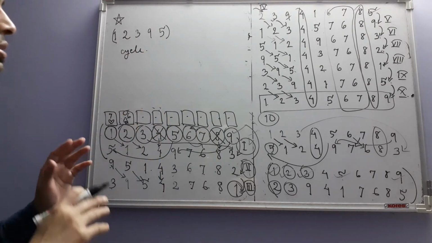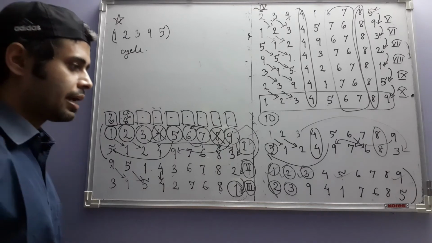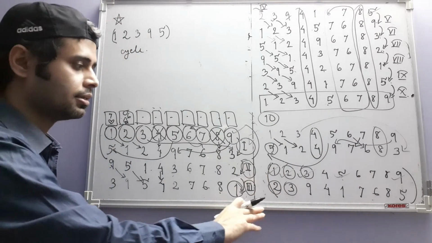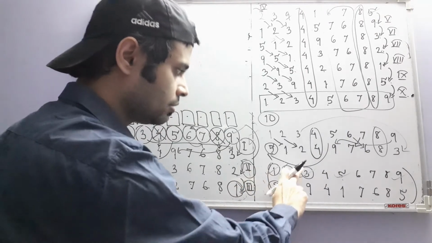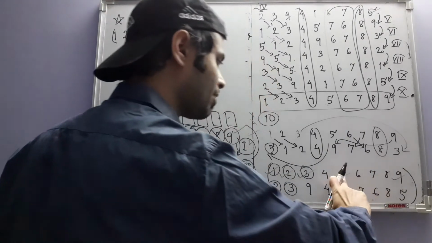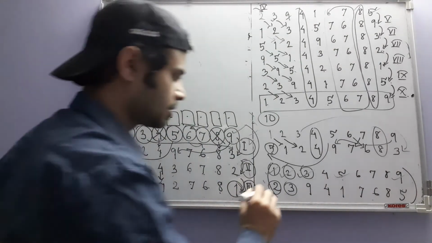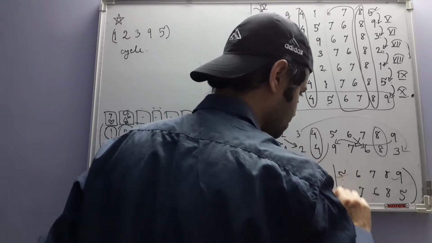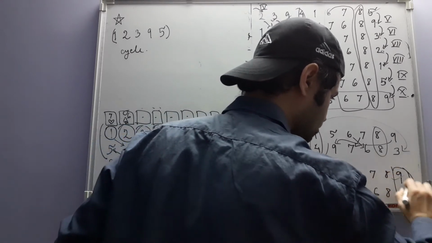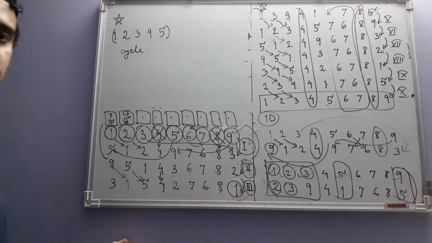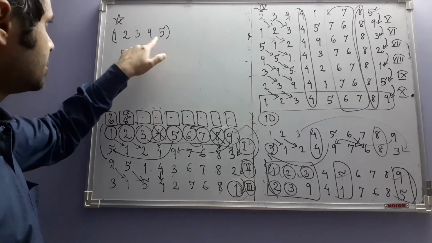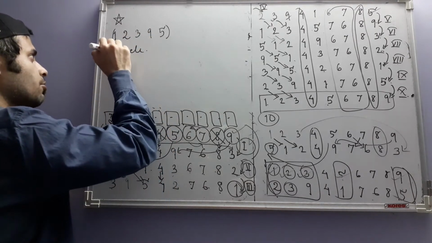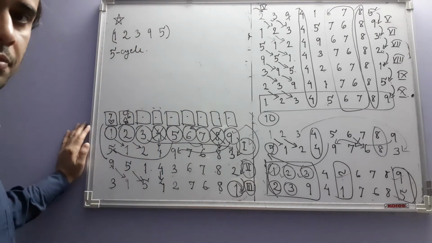This is a cycle because it comes back to the same thing from where we started. 1 to 2, 2 to 3, 3 to 9, 9 to 5, 5 to again 1. Since this cycle has 5 symbols in it, let me just call it a 5 cycle.